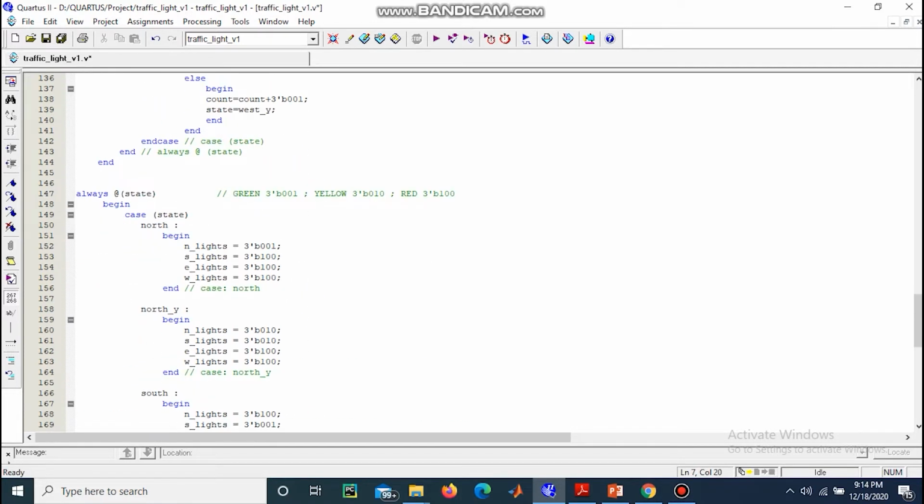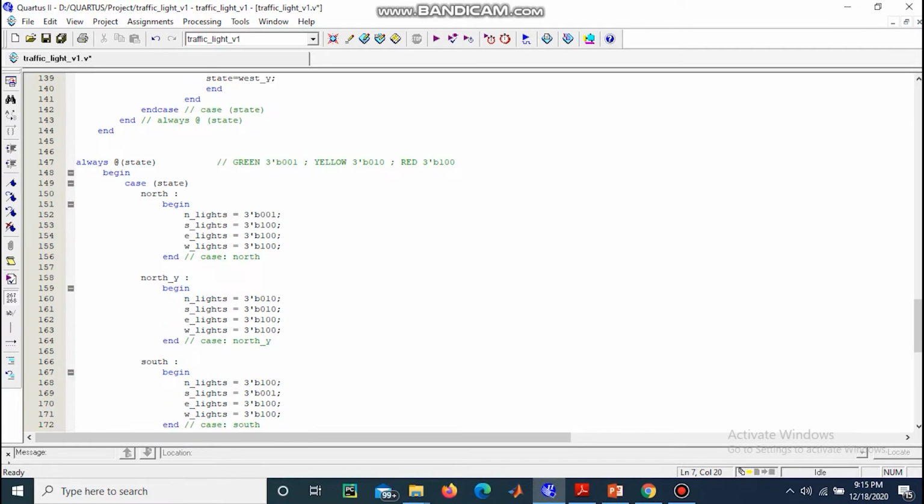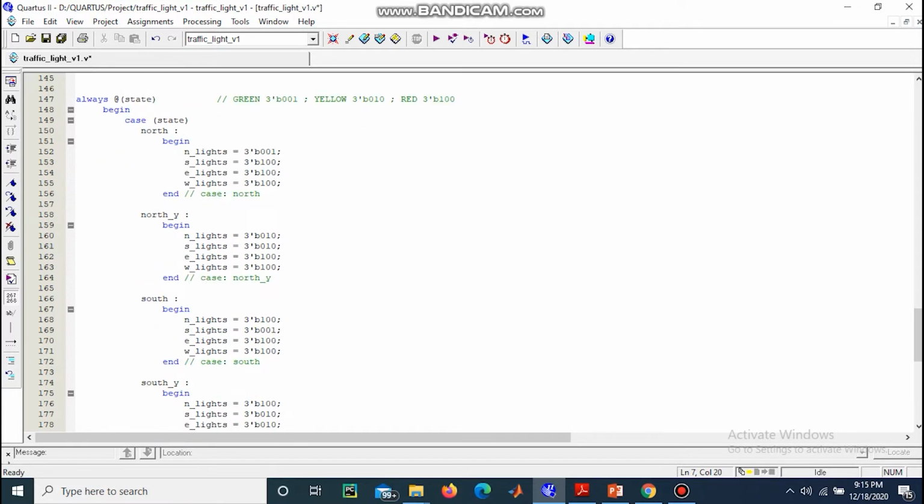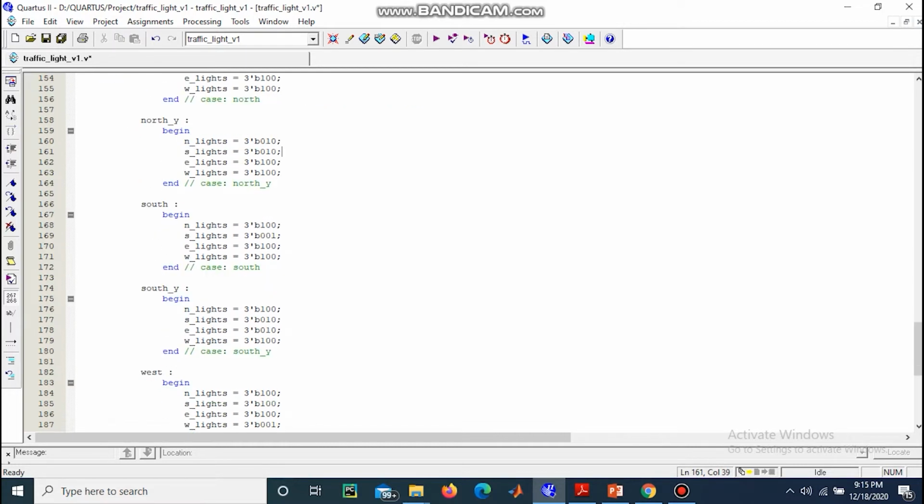Let us concentrate on how each state will give output. As I have mentioned earlier, the green is denoted as binary 001, yellow as binary 010, and red as binary 100. We have used simple case statement to assign the value of each output.